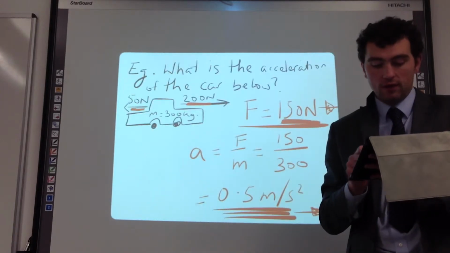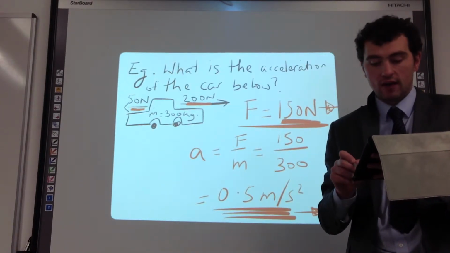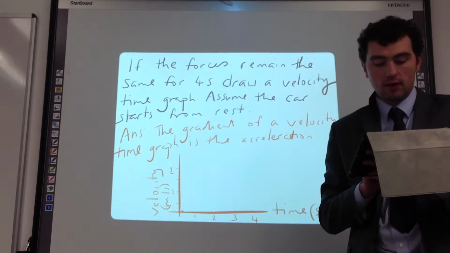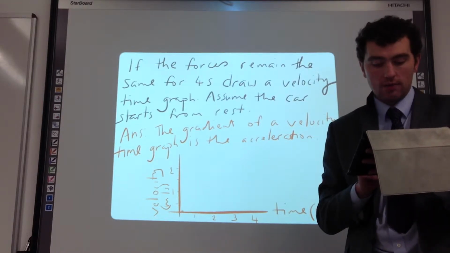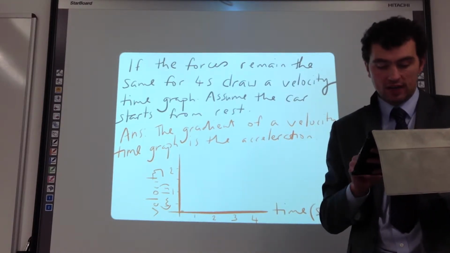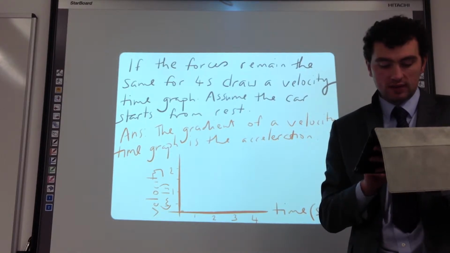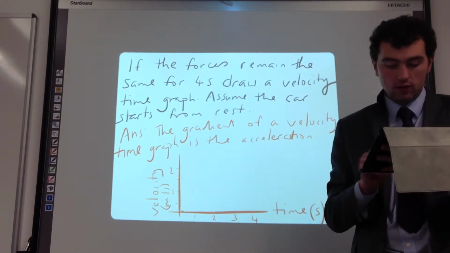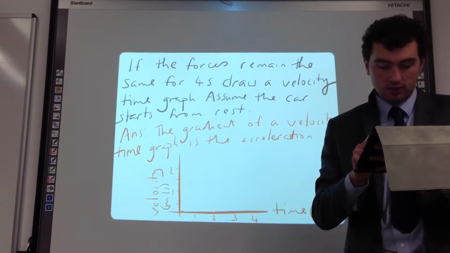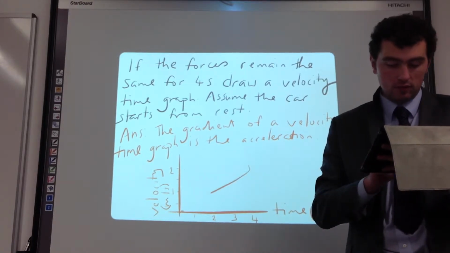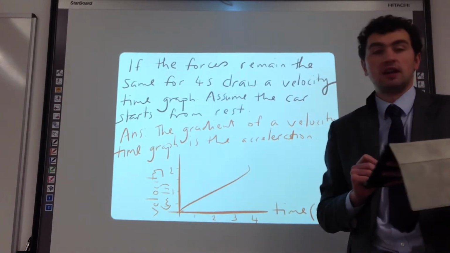So I have to draw a velocity time graph with a gradient of a half, i.e. every time I go over 1, I have to go up a half. So after 1 second I'll be at a half, after 2 seconds I'll be at 1, after 4 seconds I should have speeded up to 2 meters per second.